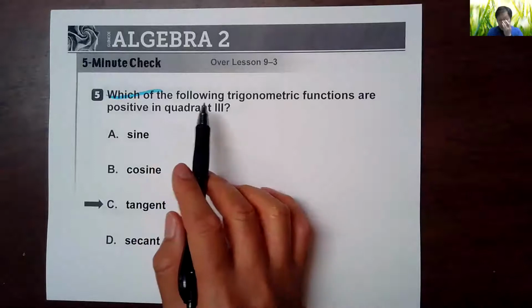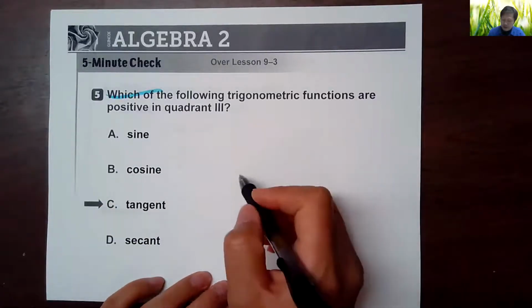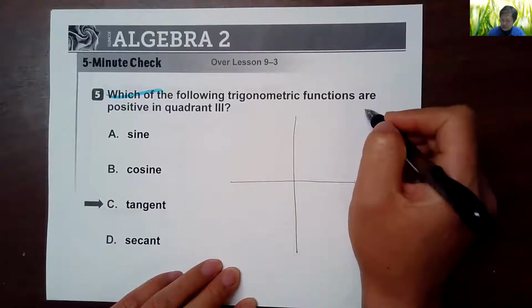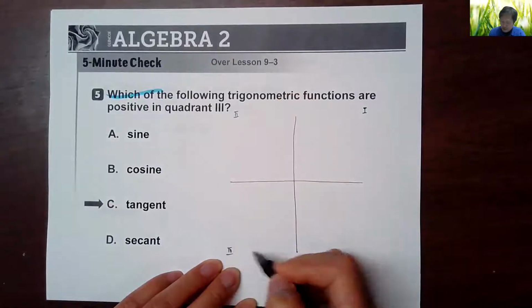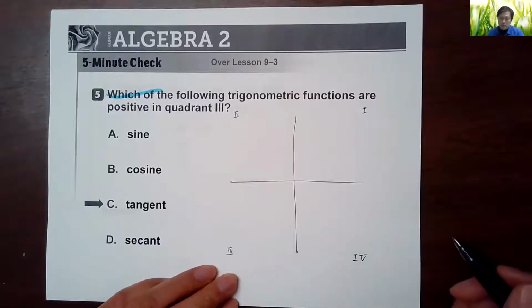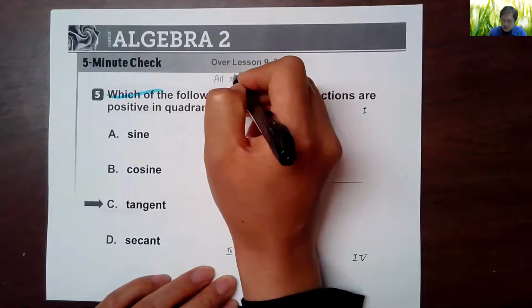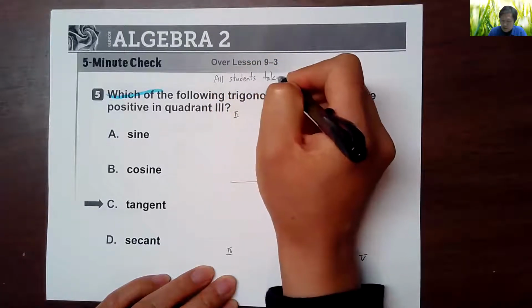Which of the following trigonometric functions are positive in quadrant 3? There's one way you can do this fast. First, second, third, fourth quadrant. There's a phrase you can use: All students take calculus.